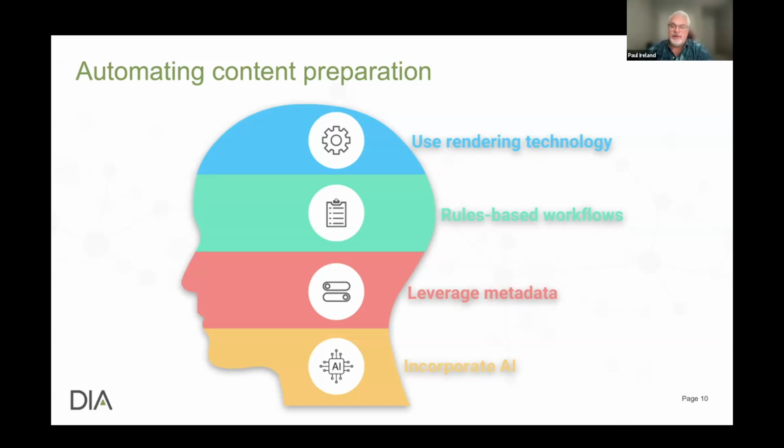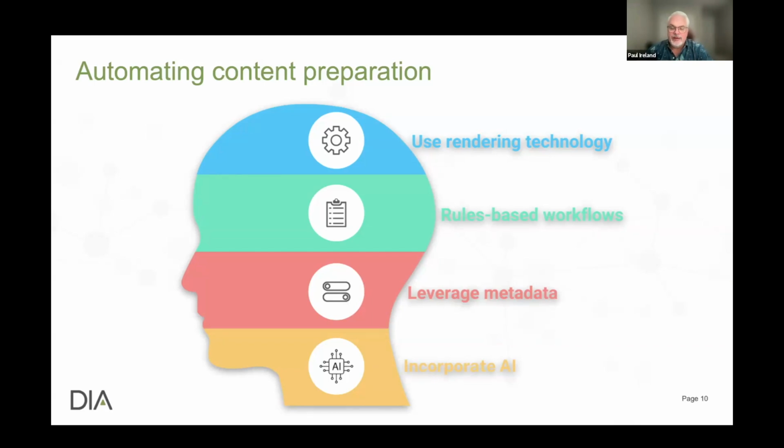Can you build your rules-based flows to say what should happen to what type of content, and leverage the metadata that's available with the content to help tell the system what exactly it should do with it? How should it convert it? What type of report is it for automatic report generation? How do you want to check the file to the FDA specifications, to the PMDA specifications, which may be slightly different?